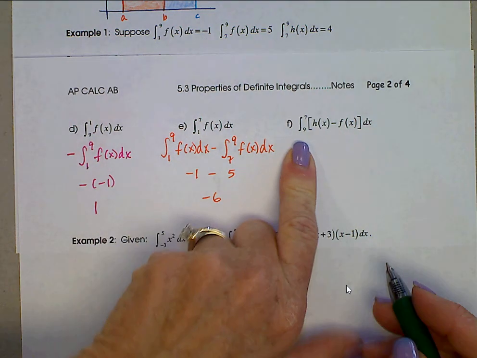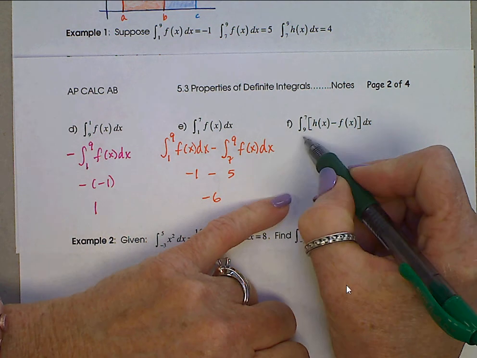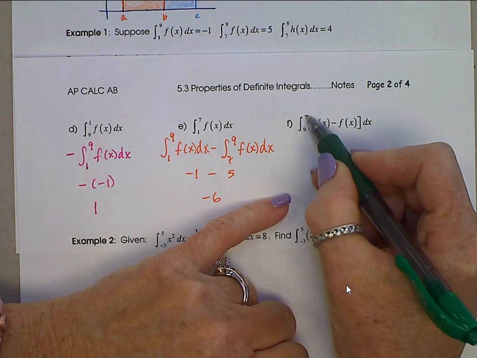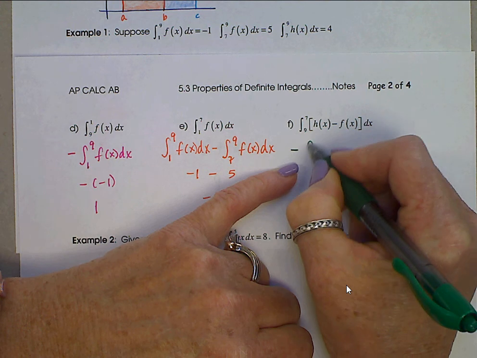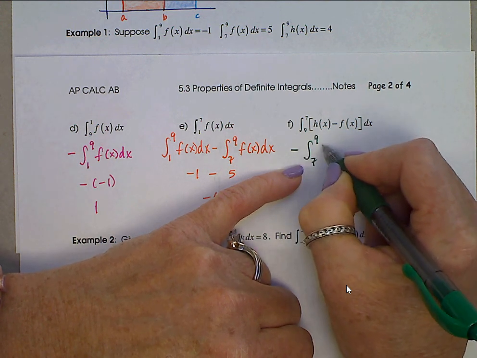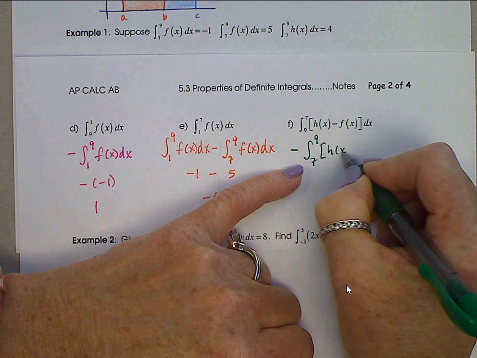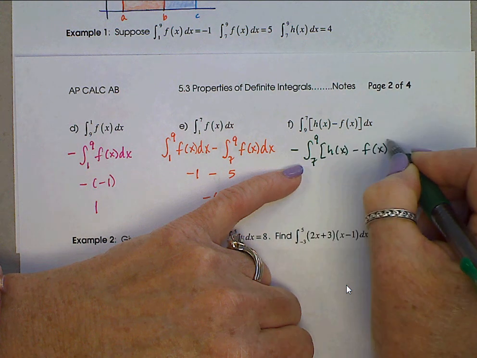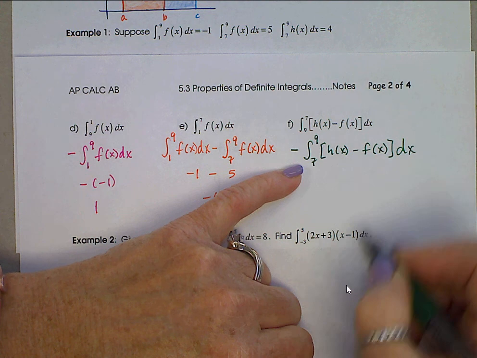And looking at number 7, the first thing we notice is that the bounds are reversed, so let's flip those around right off the bat. And this is the integral then from 7 to 9 of h of x minus f of x dx.